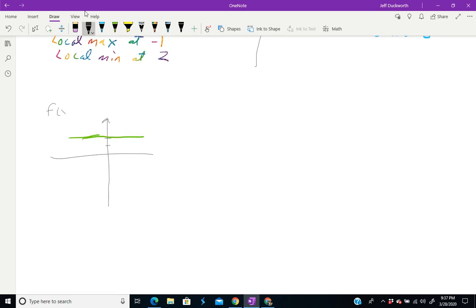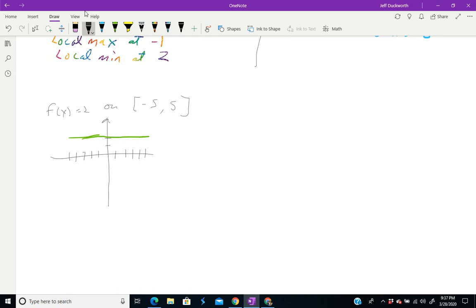Say f of x equals 2 on the interval. Let's make an interval. So on the interval, say -5 to 5.